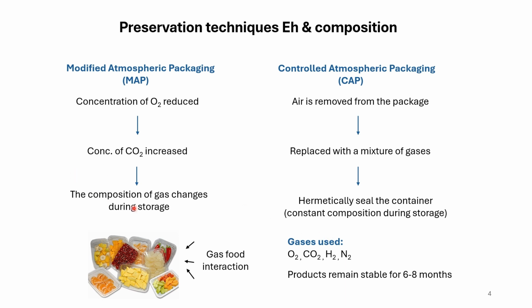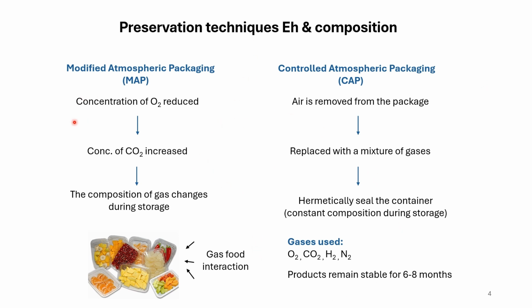There are many methods available to pack food using modified atmosphere. However, we will be discussing modified atmospheric packaging and controlled atmospheric packaging and try to differentiate between them in the process.